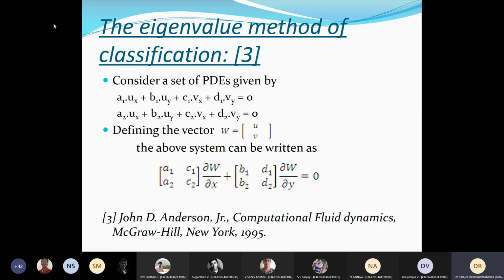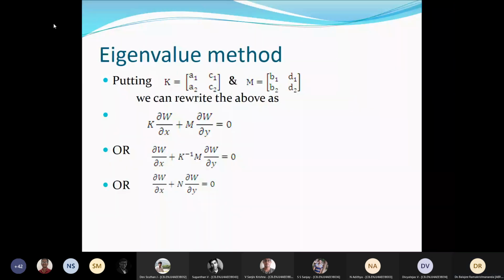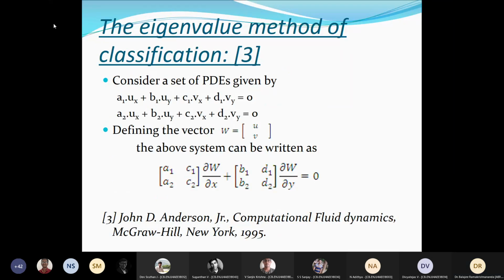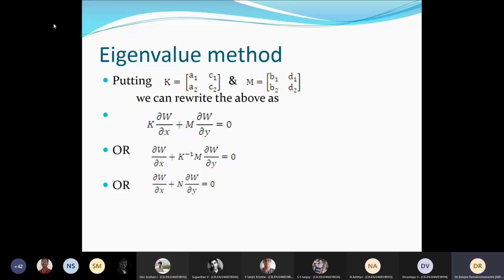If you define a vector, or in other words, you can call this a matrix also, W as (u, v), which is now a column vector. The whole equation can be compactly written as the matrix A1 C1, A2 C2 times dou W by dou X, plus the matrix B1 D1, B2 D2 times dou W by dou Y. Once you have done this, put K as the first matrix, the coefficient of dou W by dou X, and M as the second matrix.